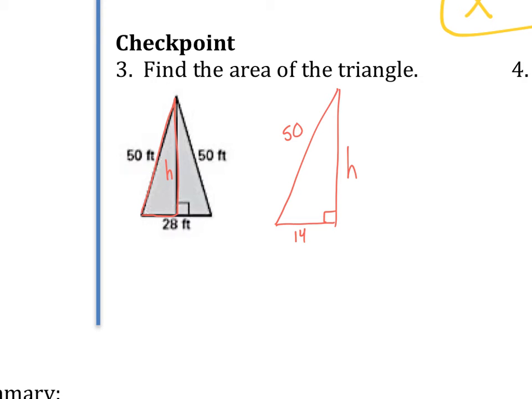So 50 is the biggest, so we would have 14 squared plus h squared equals 50 squared. 14 squared is 196, and 50 squared is 2,500.